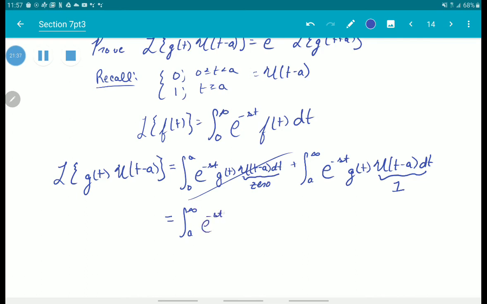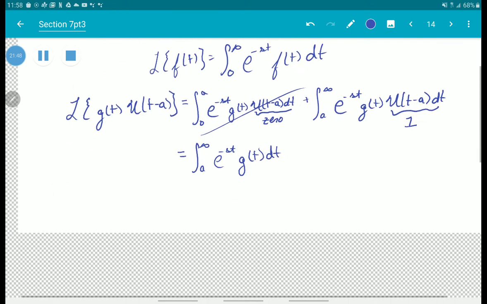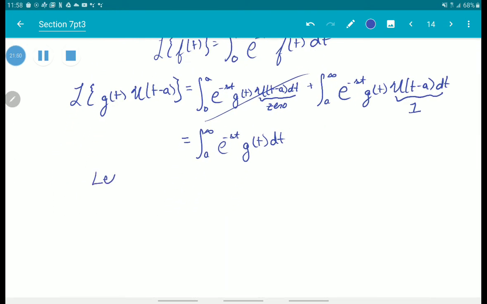And we're going to end up having to do a u substitution again. Remember, this guy's just going to be 1, so 1 times this piece is that piece. So let's do a u substitution. Let's let u equal t minus a again. So then du would be dt, and then t is going to equal u plus a.